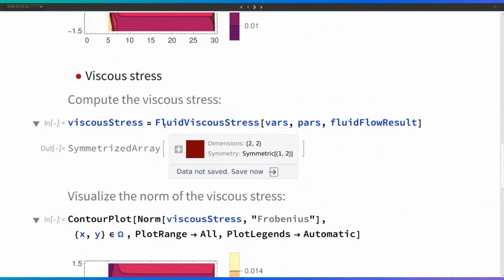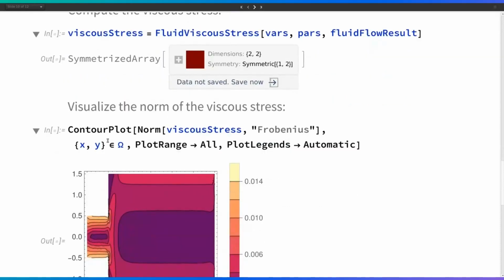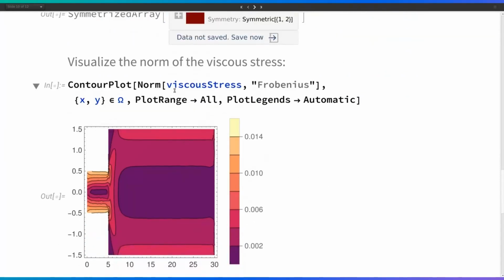So here we utilize the new fluid viscous stress function. Once again, we use the full fluid flow result with the pressure. And once we compute it, we can plot it once again, for example, using the contour plot. But since the viscous stress is a tensor, we plot just the norm of the stress.